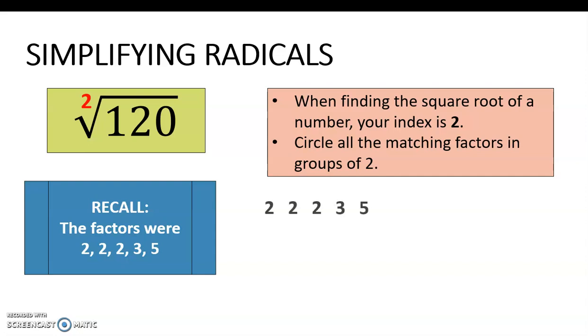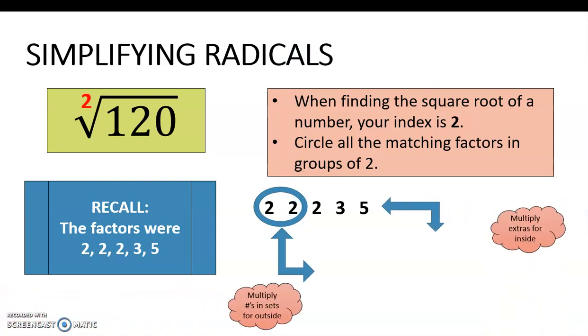So I'm going to write out all my factors. There's a set of 2, but I don't have any other sets of 2. Everything else is just a single. Okay, what happens next is every set of 2 goes on the outside, and then you take what's left, multiply them together, and you will get your inside.